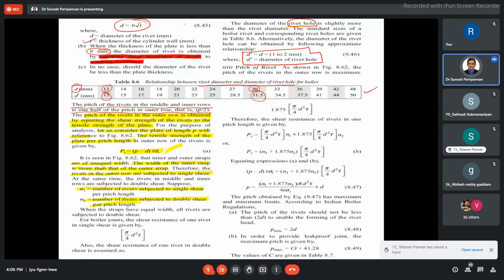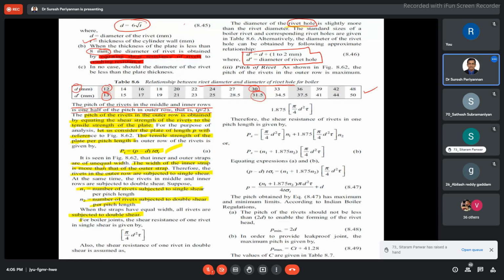Also, when the straps are of equal width, all the rivets are going to have double shear.